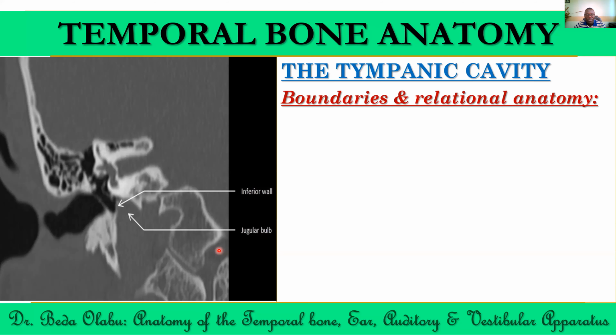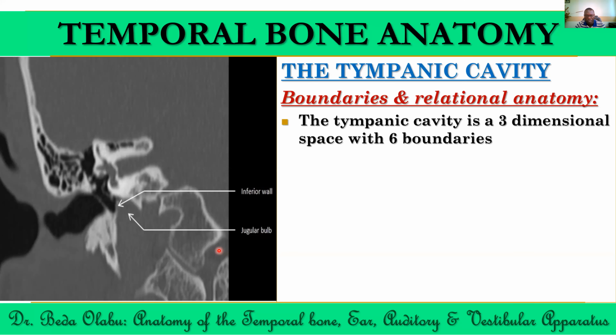Having said so, we can now talk about boundaries and relational anatomy of the middle ear. We can view the middle ear as a 3-dimensional structure. So it will have a roof, a floor, and 4 walls: anterior wall, posterior wall, medial wall, and lateral wall.